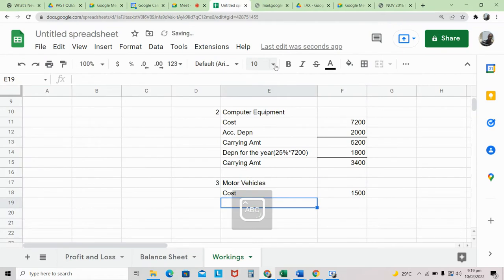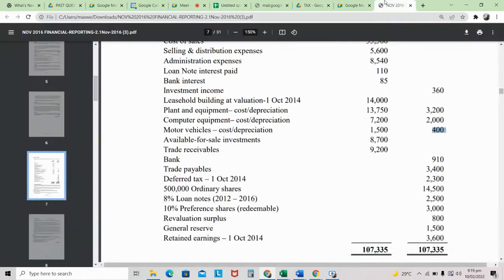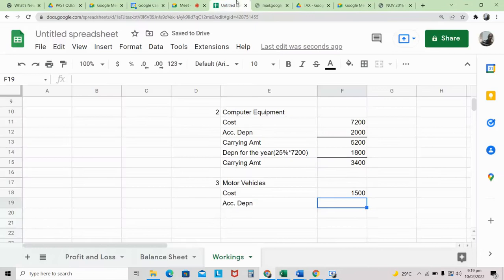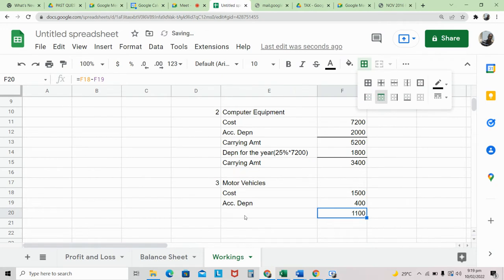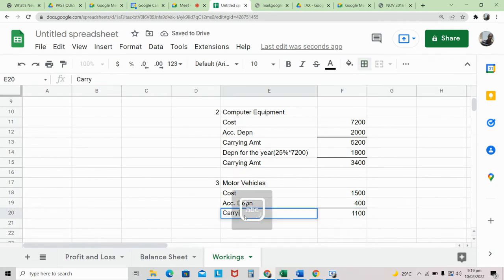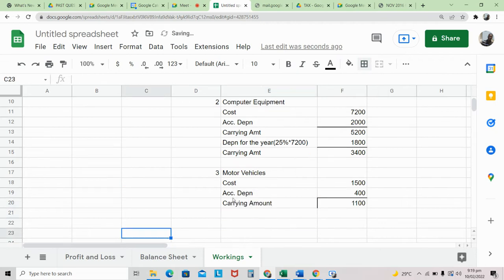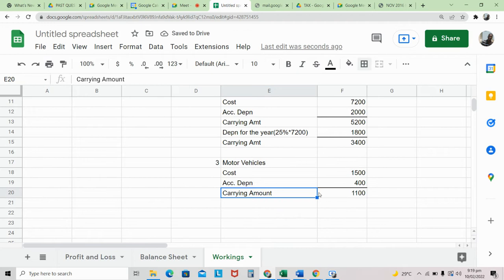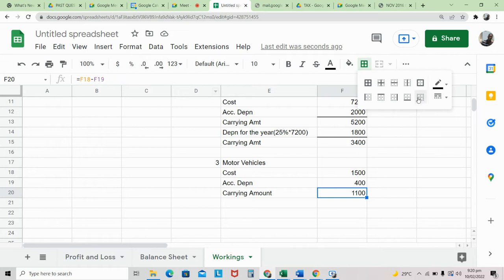The carrying amount is this minus this. You get 1,100. That's good. So what is our depreciation? This one, where is it coming from? Let me see.